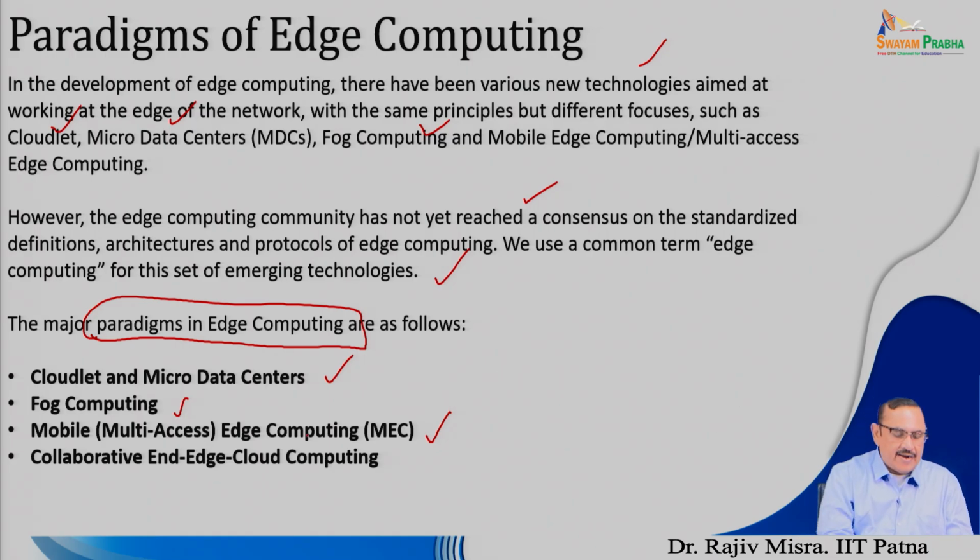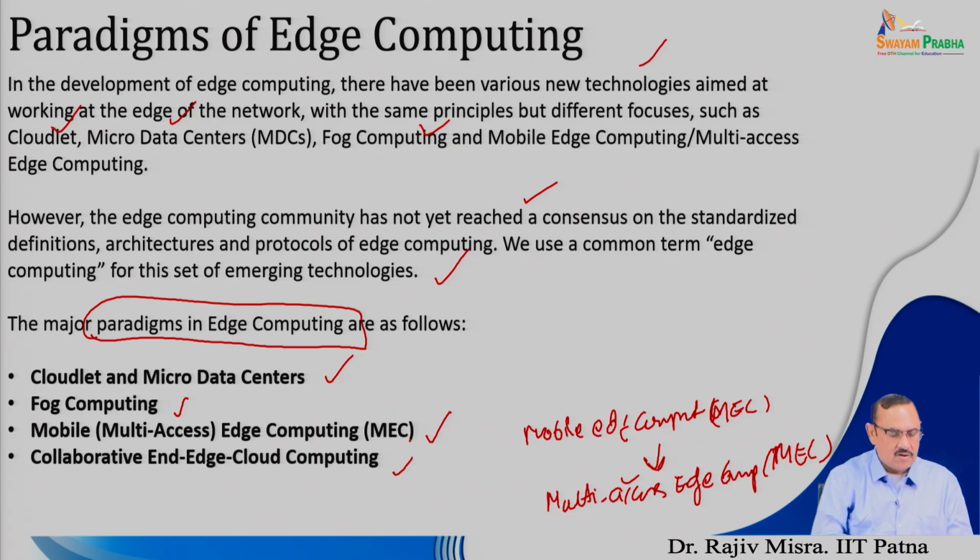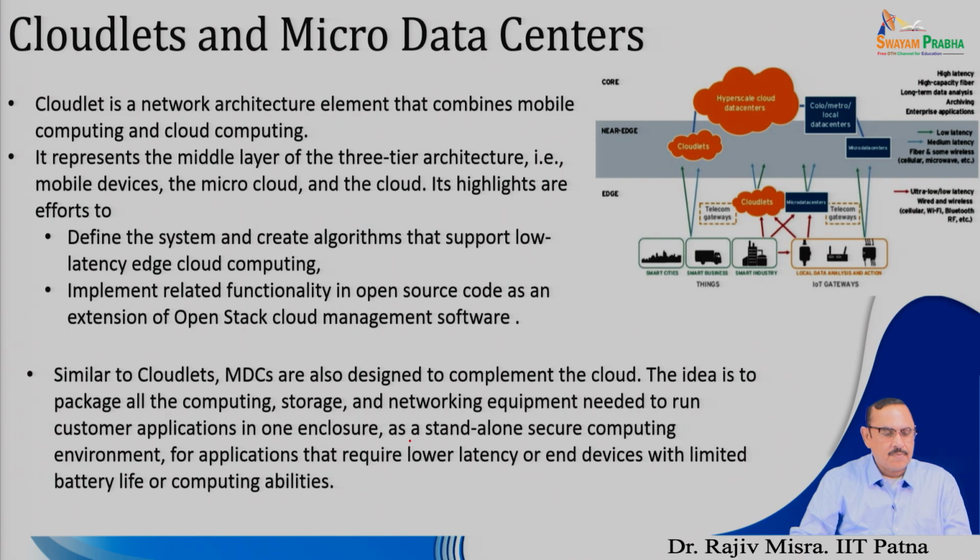Earlier it was mobile edge computing, or MEC, which is now changed to multi-access edge computing, but the abbreviation remains the same, MEC. And the fourth paradigm is called collaborative and edge cloud computing. Let us understand them in greater detail.